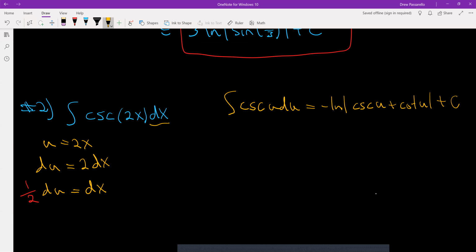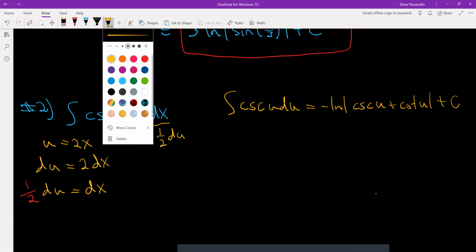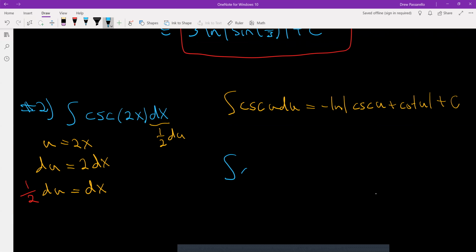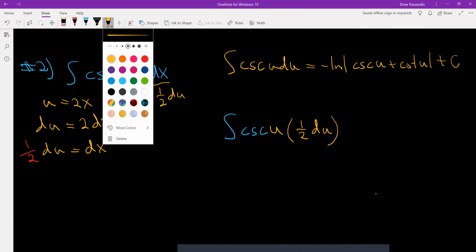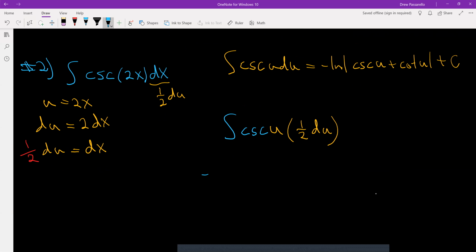All right, so that's my 1/2 du. Now I have the integral of cosecant of u, and then 1/2 du. So I just factor out the 1/2, and then I have my cosecant of u, and that turns into this.